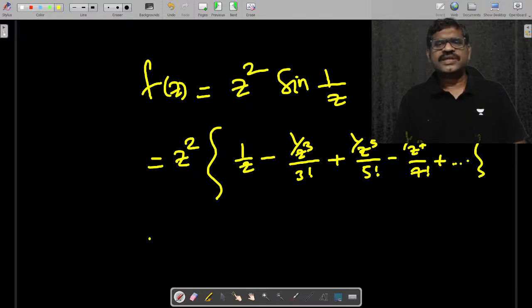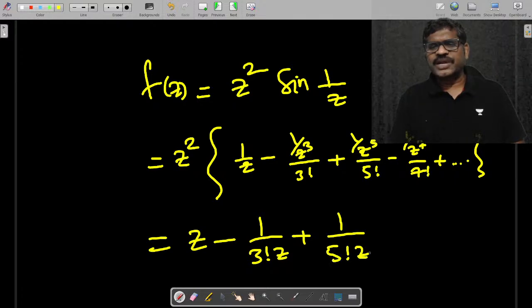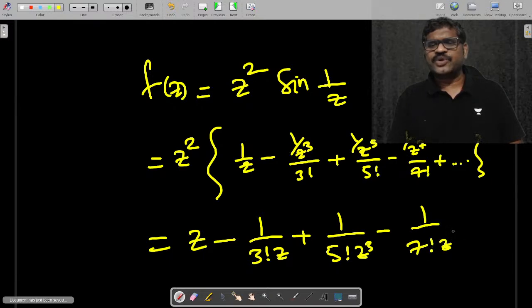That is z^2 into 1 by z is z, minus 1 by 3 factorial into 1 by z, plus 1 by 5 factorial into 1 by z^3, minus 1 by 7 factorial into 1 by z^5, and so on.